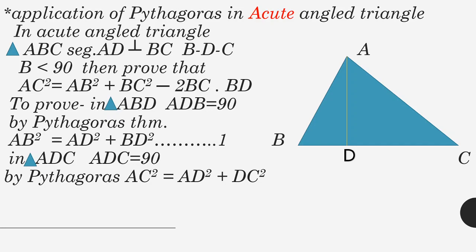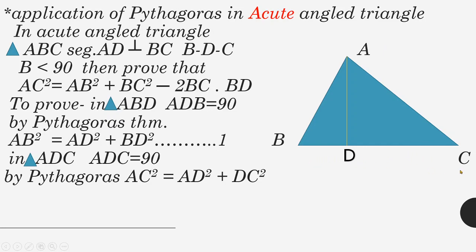First, we are using the application of Pythagoras theorem in an acute angle triangle. In the figure you can see triangle ABC. In triangle ABC, AD is perpendicular to BC.